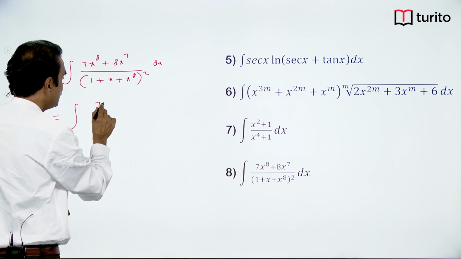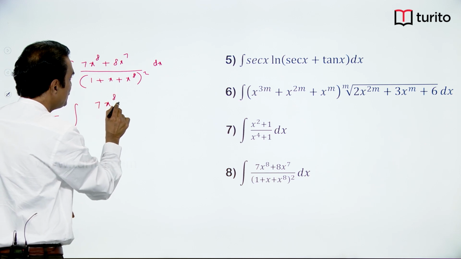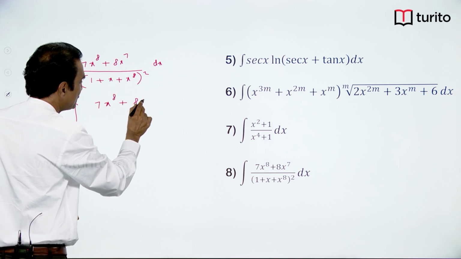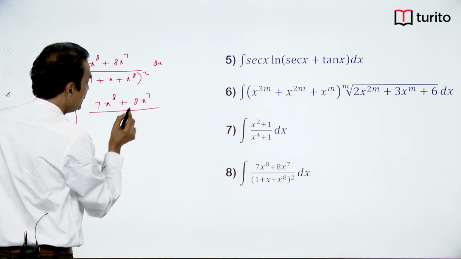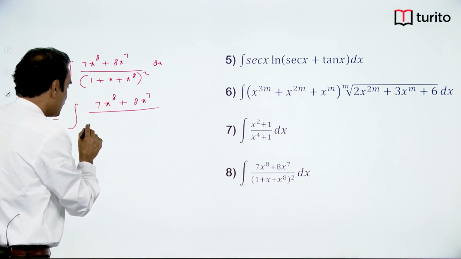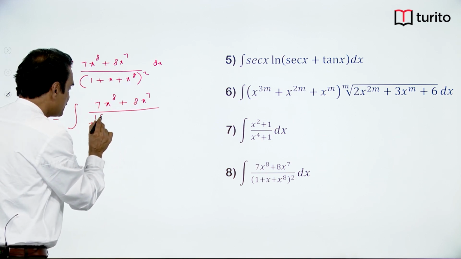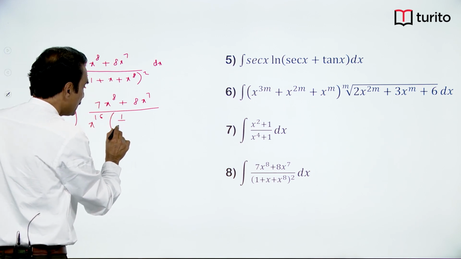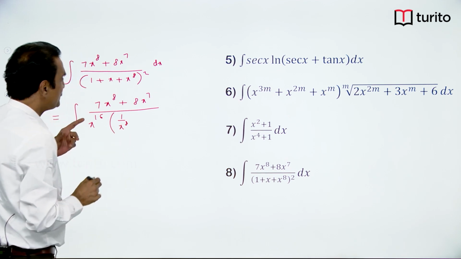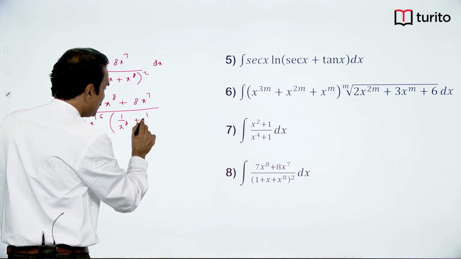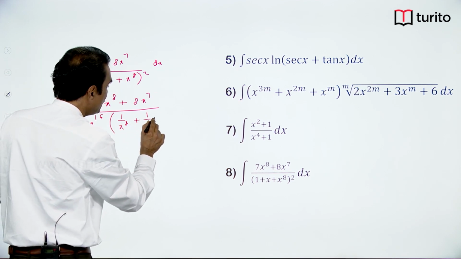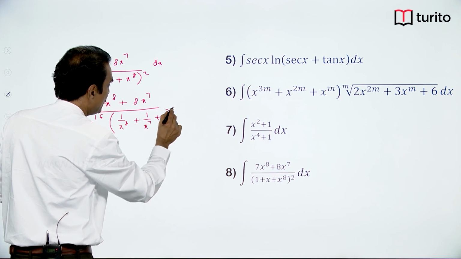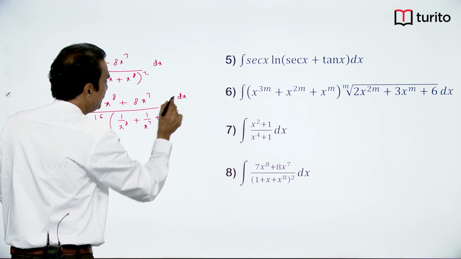I will first write 7x power 8 plus 8x power 7 by, after taking x power 8 common, x power 16 into 1 by x power 8 plus 1 by x power 7 plus 1 whole square into dx.